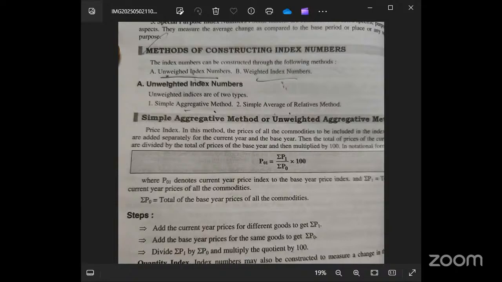Weighted index numbers are of two types: weighted aggregate methods and weighted average of relatives method. So first we'll deal with weighted index numbers.